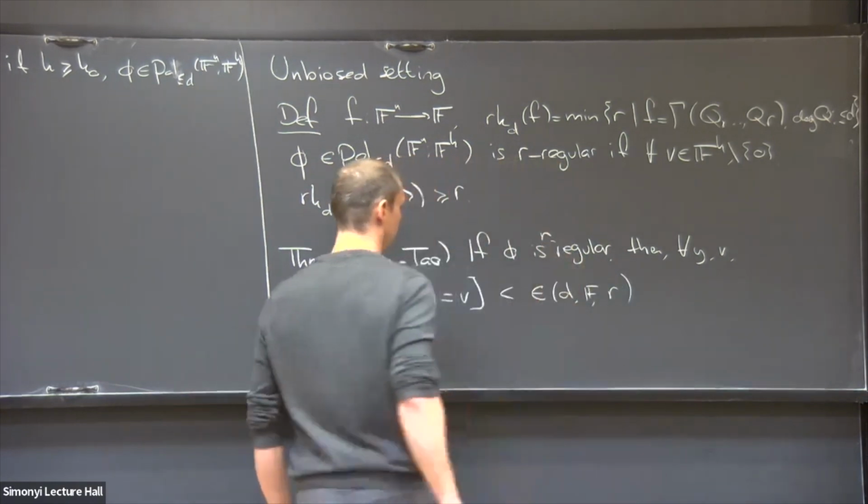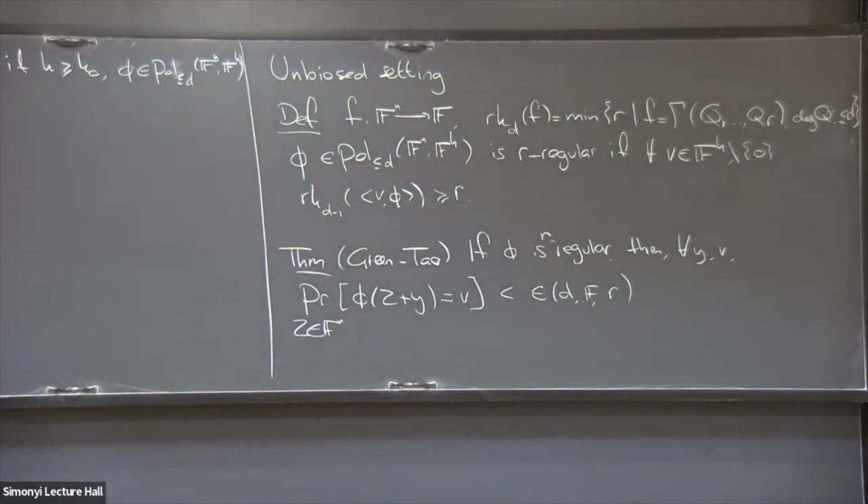So it's R regular. This is for characteristic greater than d.